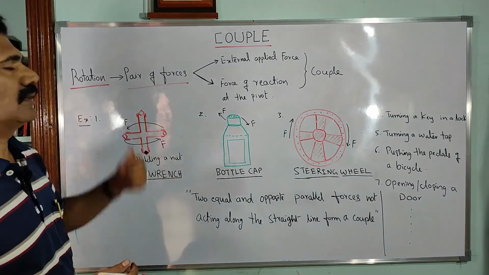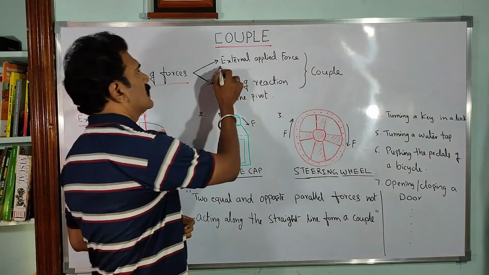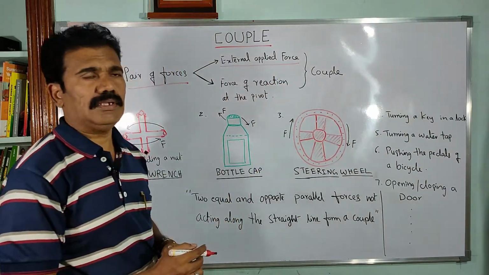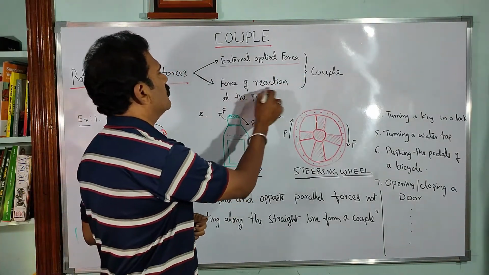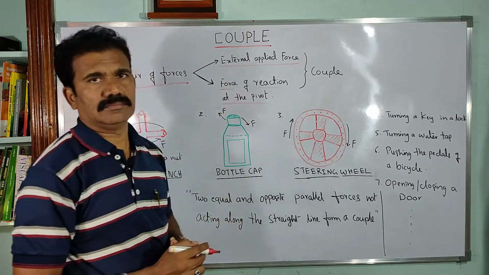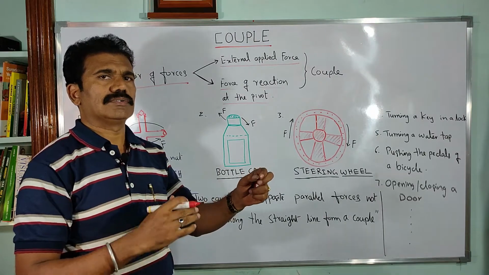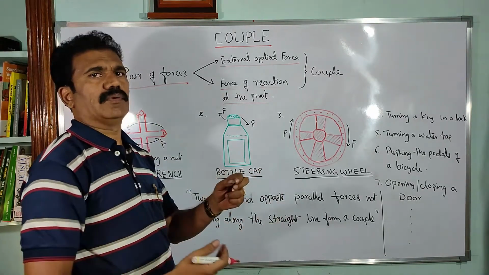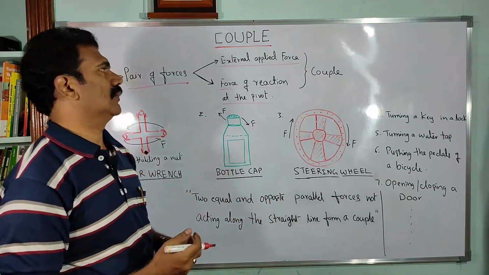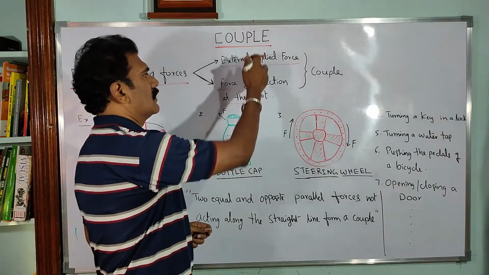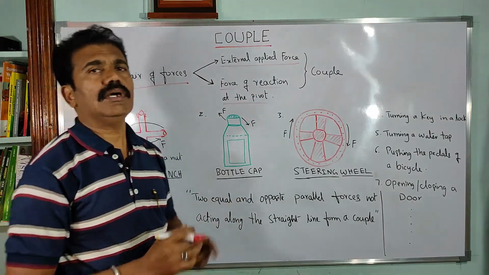So what are the two forces actually? One is the external applied force, the other one is the force of reaction at the pivot, because a body is always fixed at a point called the pivot, and it rotates about that pivot as the axis of rotation. These two forces constitute the couple.